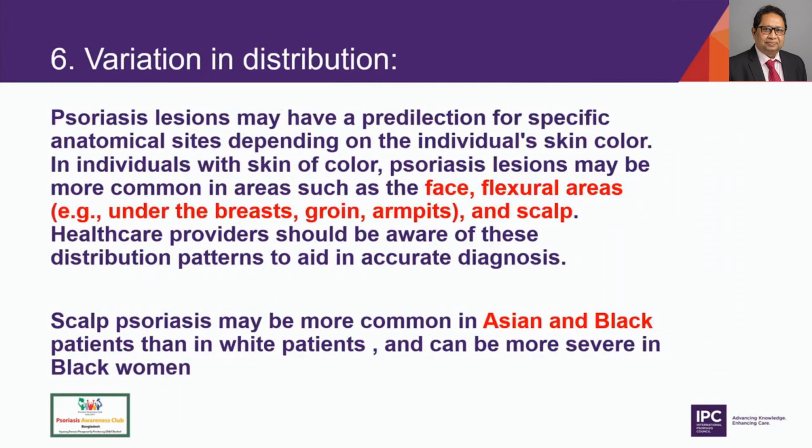In skin of color, we usually see the face, flexure areas, and scalp mainly involved, but in the white population, other parts are usually involved.